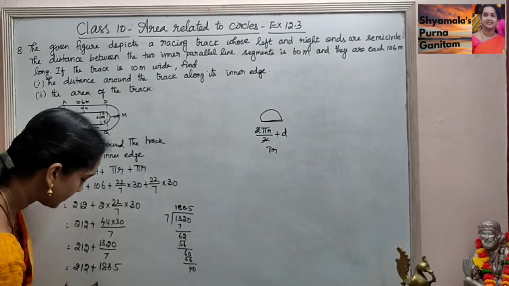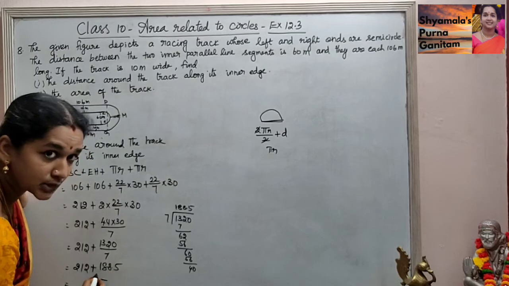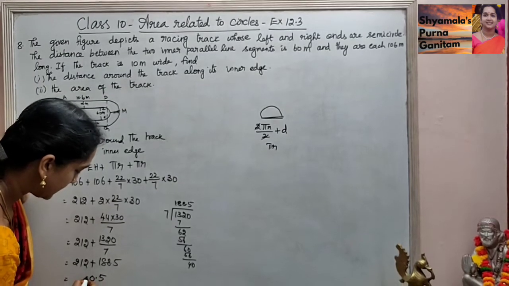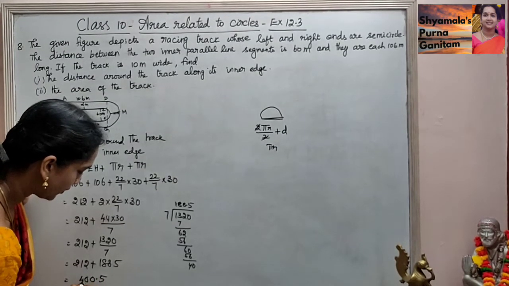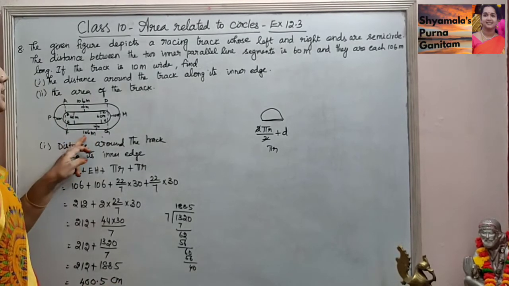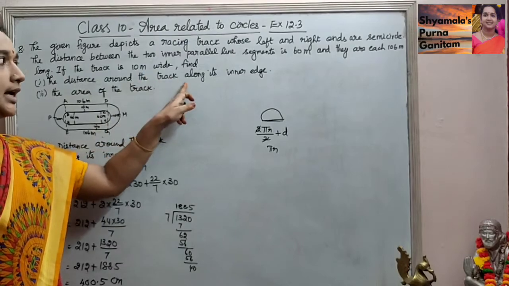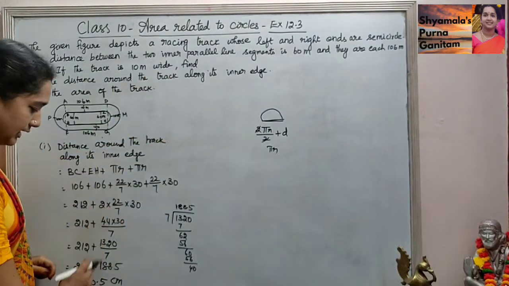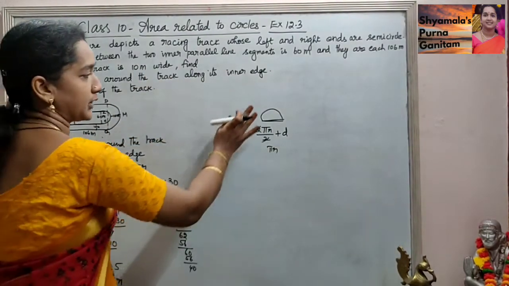When we add this, 212 plus 188.5 gives 400.5 meter. So this is the distance around the track along its inner edge. This is the answer for the first one.